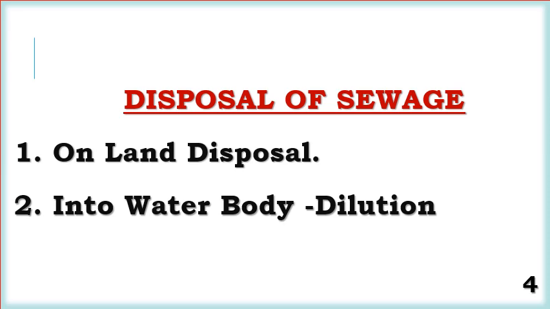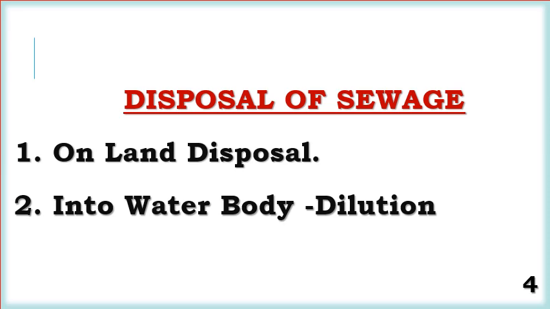For the disposal of any wastewater in the world, there are only two types: either you dispose on land, or into a water body, meaning a river or stream. The process of disposing sewage into the water body is known as dilution of sewage. Dilution is based on different conditions. Let us study one by one.